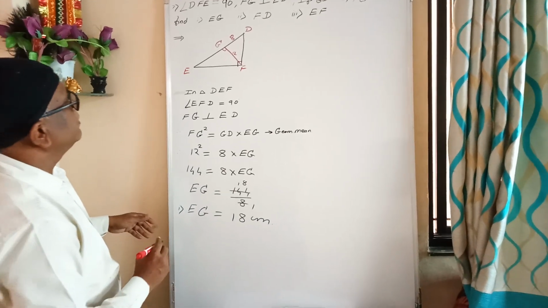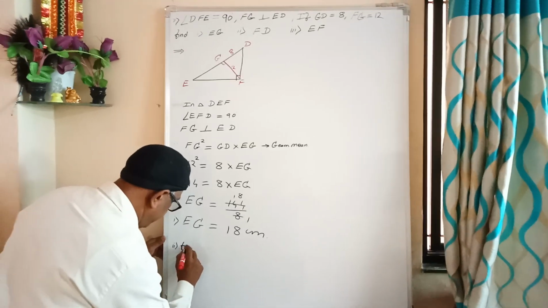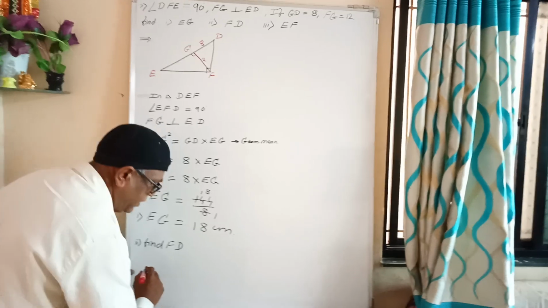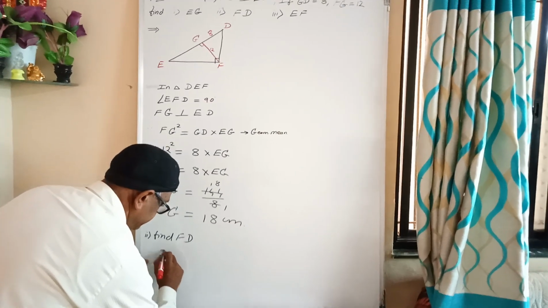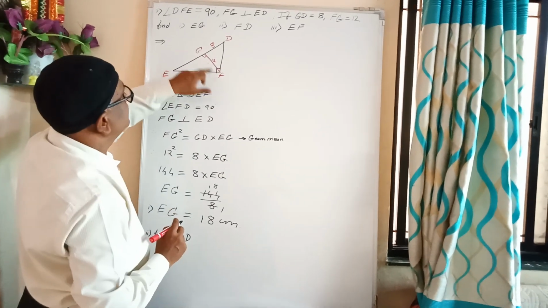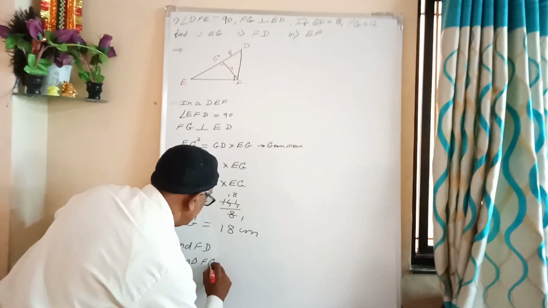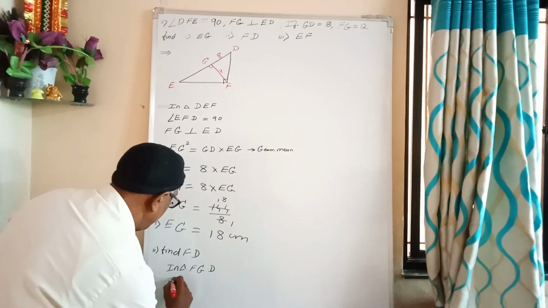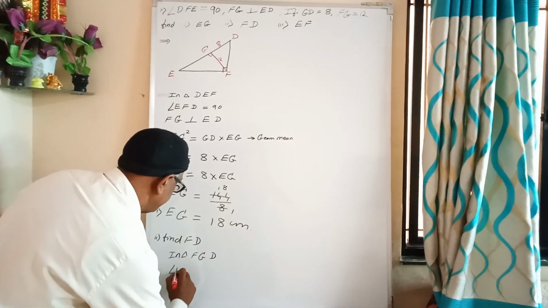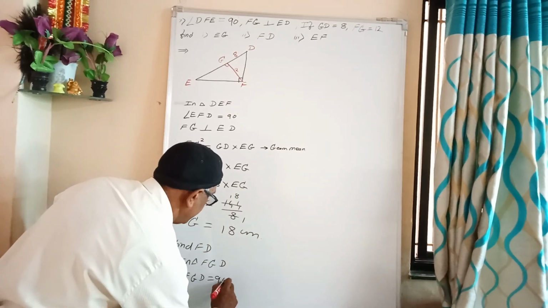Now second, FD, we are going to find FD. Now in triangle FGD, angle FGD is equal to 90 degree.